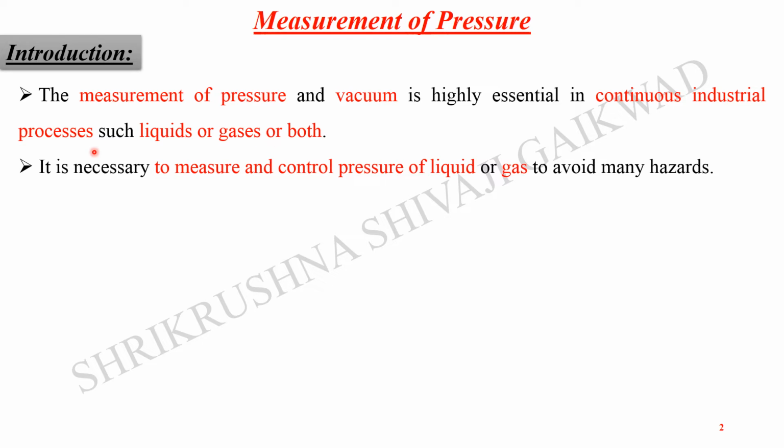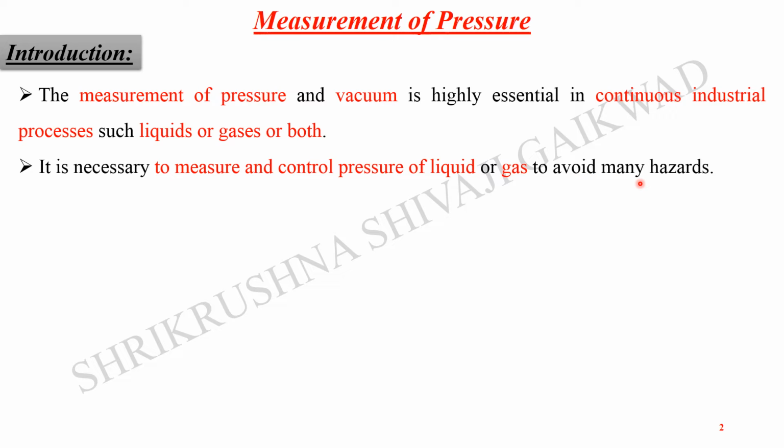It is not only necessary to measure, but actually to control the pressure of the liquid or gas to avoid many hazards, so that we can keep control and watch over the pressures of the liquids and gases. Nowadays, many times we hear that fires are happening, or gas leakage is happening.